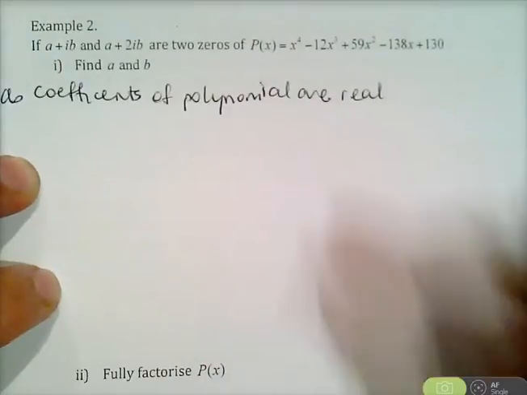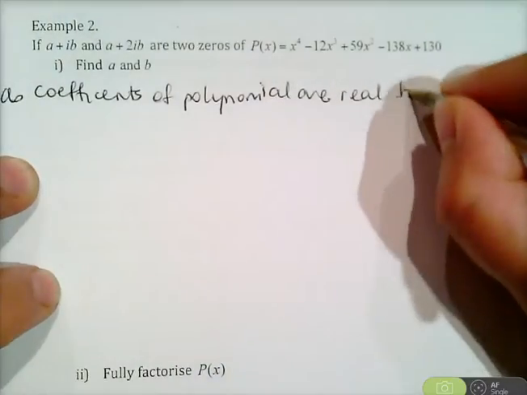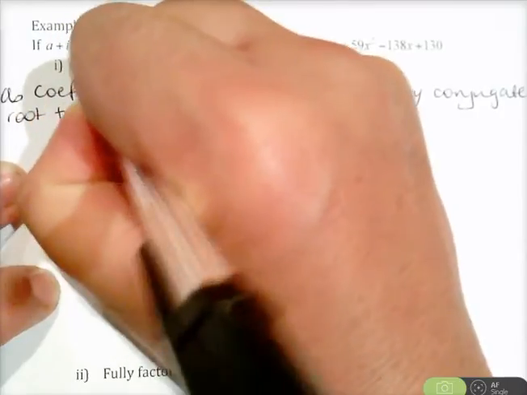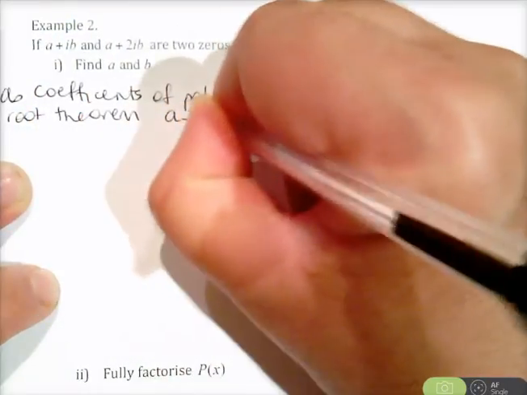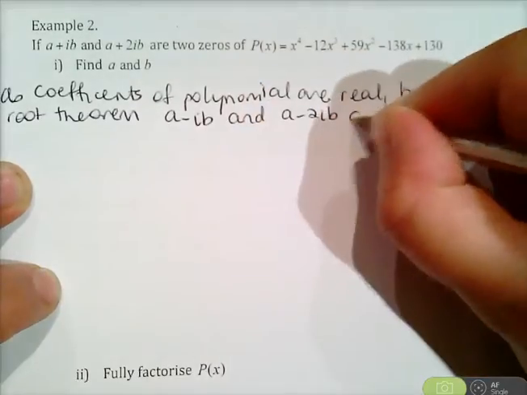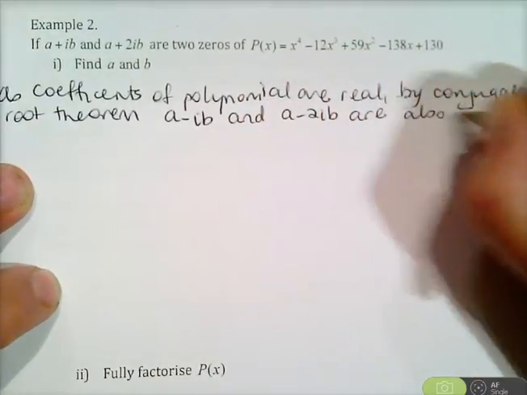So as the coefficients are real, by the conjugate root theorem, we know that a minus ib and a minus 2ib are also roots.